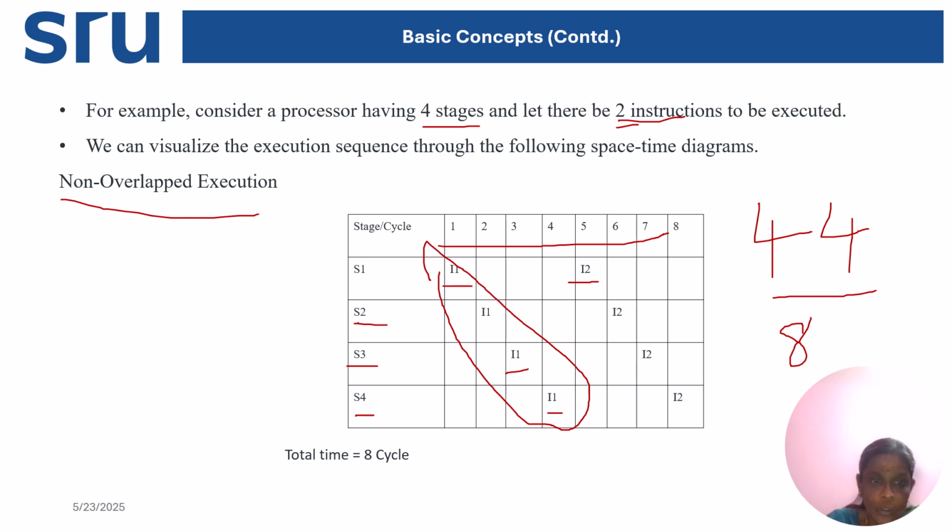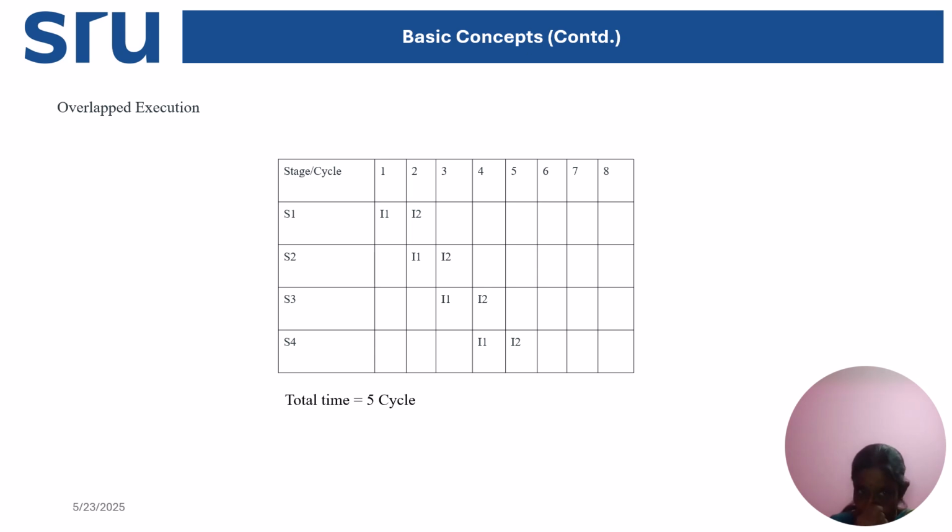So the first stage of instruction 2, and in the sixth clock cycle, stage 2 of instruction 2, the seventh, stage 3, the eighth, stage 4. So the total time required is 8 clock cycles.